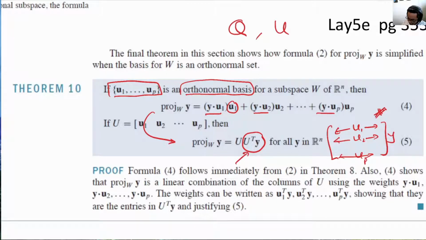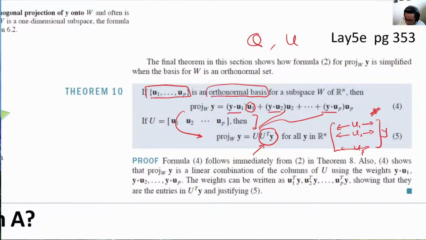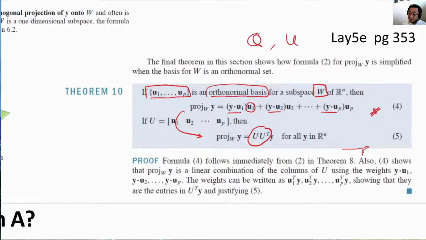We multiply by u again, and this u is formed from these columns of U. The name UUT is the projection matrix onto the column space of U, or the space of W. Remember we typically call the projection matrix P, and you can check that P squared equals P, the property of a projection matrix.